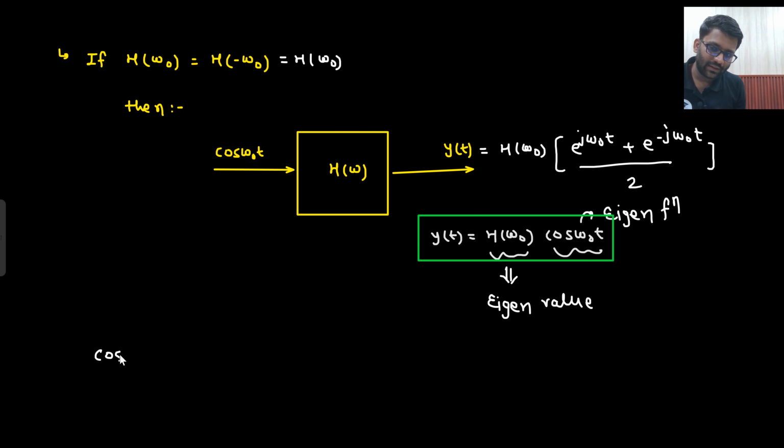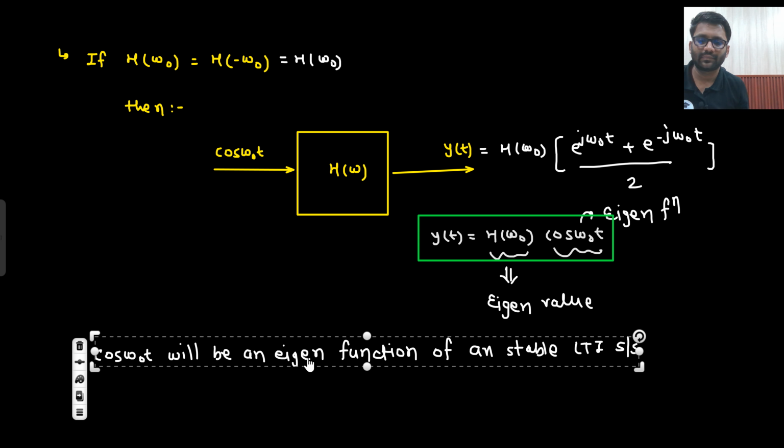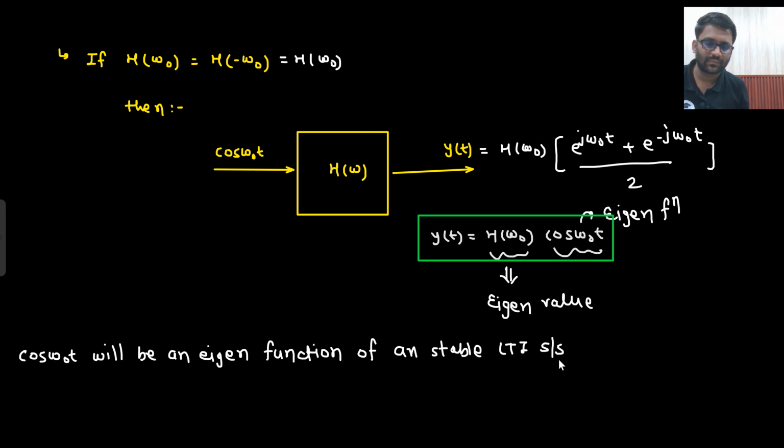Cos omega naught t will be an eigen function of a stable LTI system only when H of omega naught is equal to H of minus omega naught.